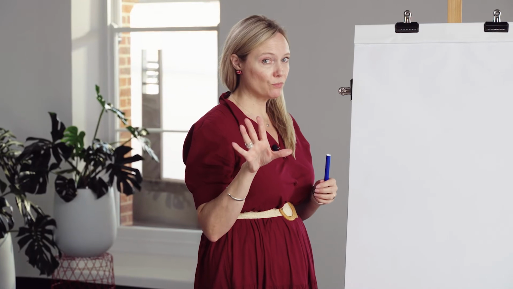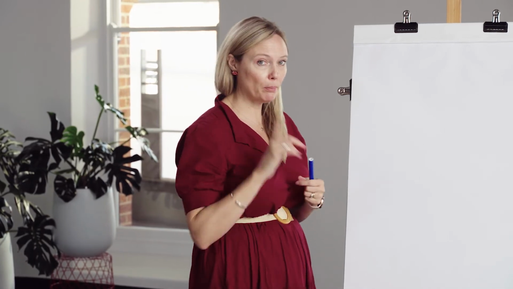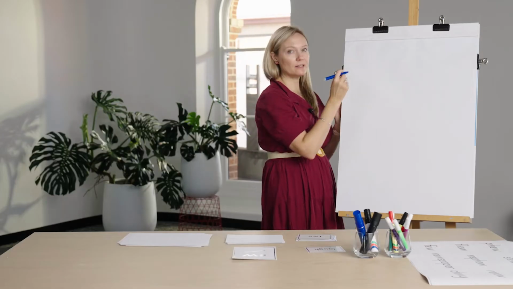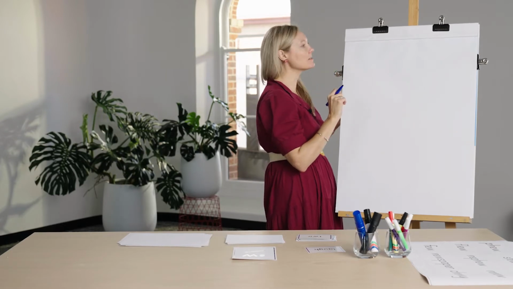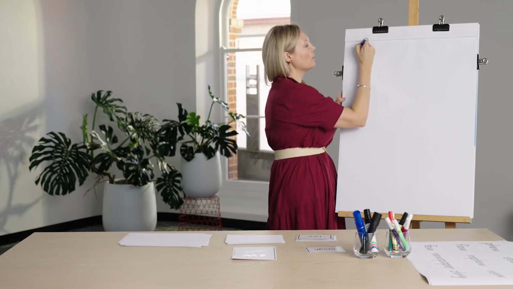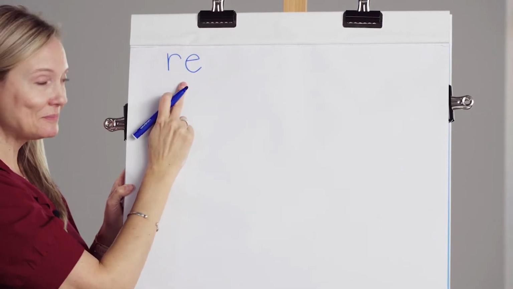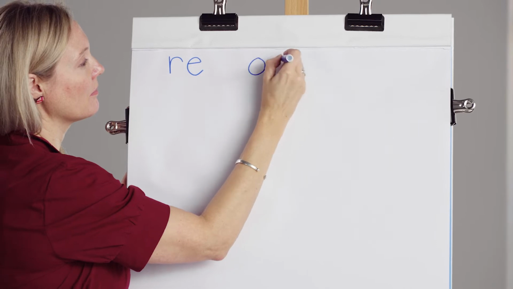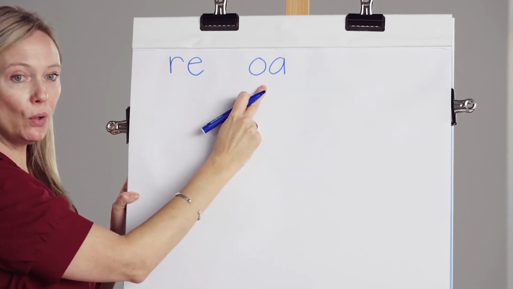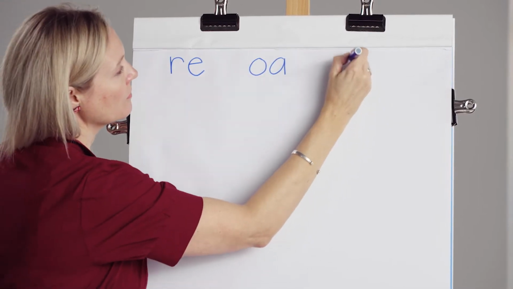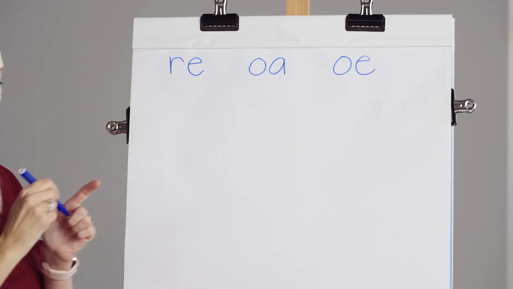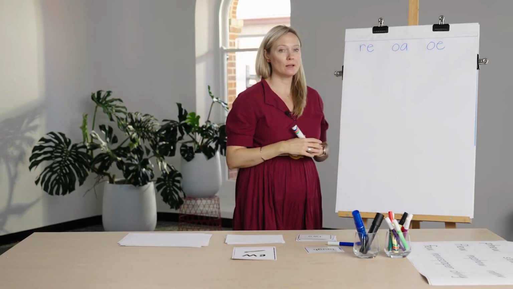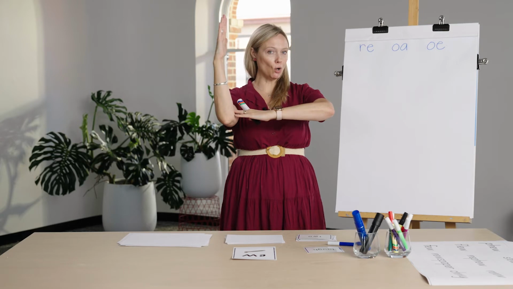Right, you all ready to write? At the top of your page, I want you to write these graphemes and one prefix. You guessed it. Re, o-a-o, o-e-o. Let's get ready to write. Our first word is rehome.